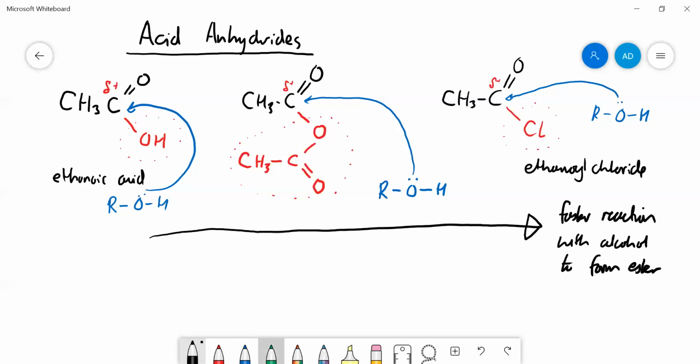So let's see, in each case what we're going to get. The ester. So in this case you will get an ester, and the small molecule you're going to get is going to be that H and that OH, so the small molecule is water. In the case of the ethanoyl chloride, you're going to get an ester, and you're going to lose that H and that Cl, so you're going to get HCl as the small molecule.